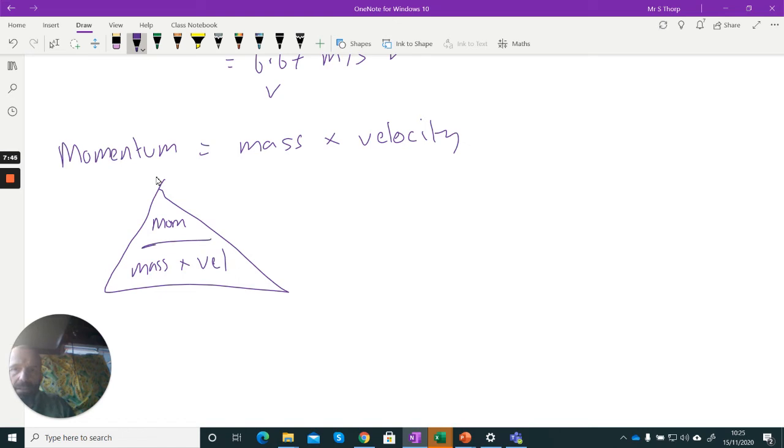And we've got some momentum, because we're timesing mass and velocity, that's kilogram and that's meters per second. We just times them in to get the unit. So kilogram meters per second. Velocity, meters per second. And mass is kilograms. And so this could be a rhino. Oh no, I've got to draw a rhino now. There we go. A rhino.